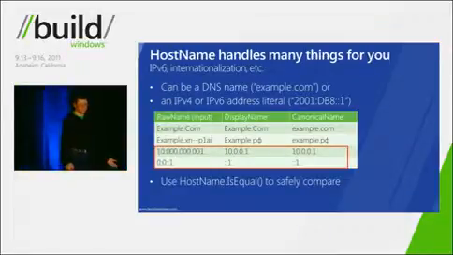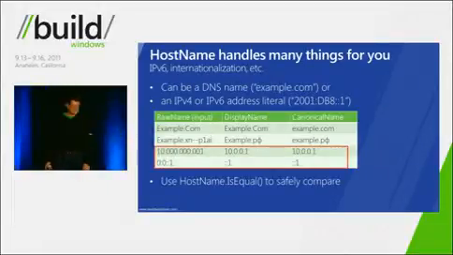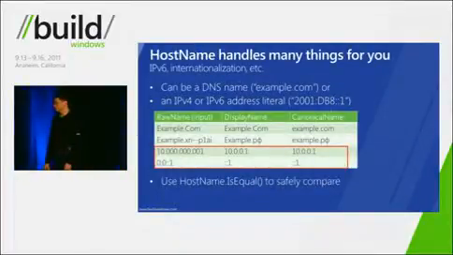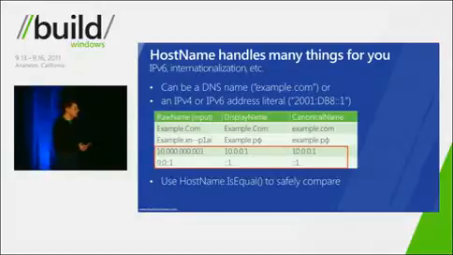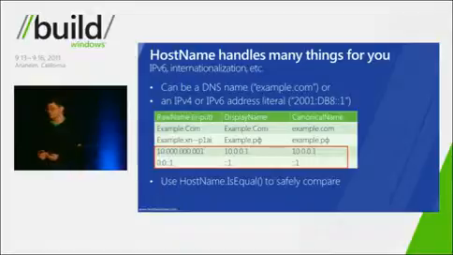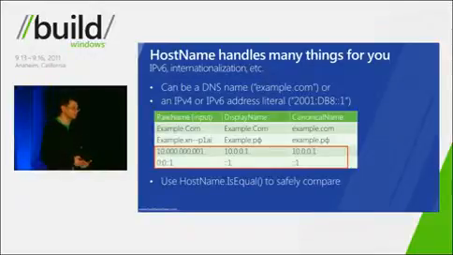Now, since a very common operation is to compare the two canonical names for equality, the fastest way to do that is to just use the is-equal method. What's interesting here that may not be obvious is that you can't just do a case-insensitive comparison of the display name. You'll get the wrong answer. The casing comparison rules for host names are different than every other type of string.